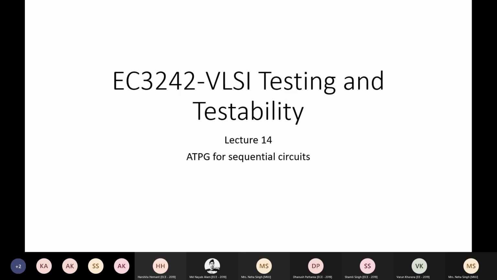So, we begin with the testability of sequential circuits today. Till now, we talked about combinational circuits.